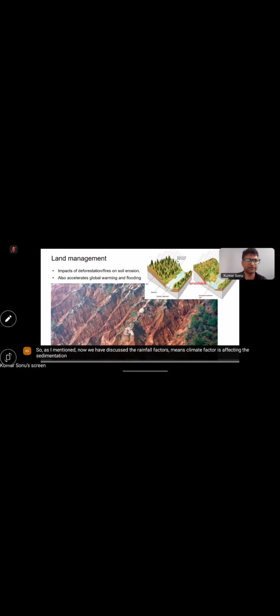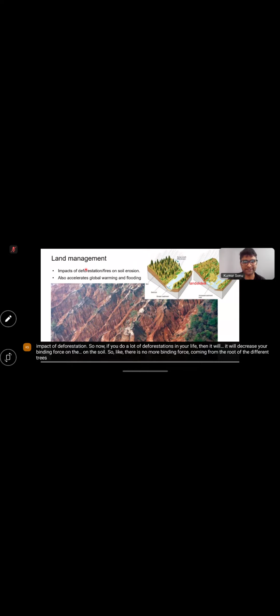Now we can discuss the rainfall factors, meaning the climate factor affecting sediment erosion. Then we have the erodibility, meaning the property of the sediment itself. If it has a strong bonding force, it is difficult to detach.